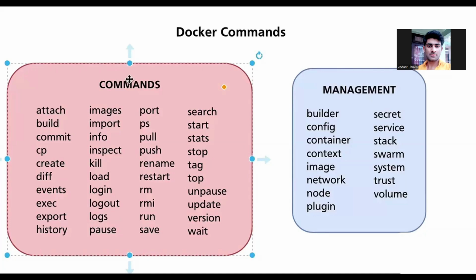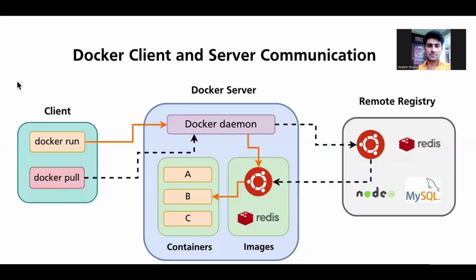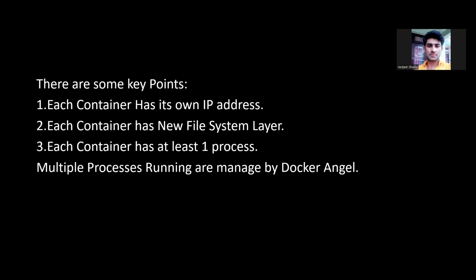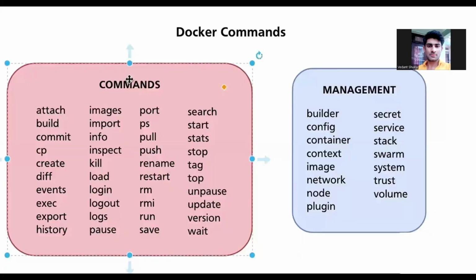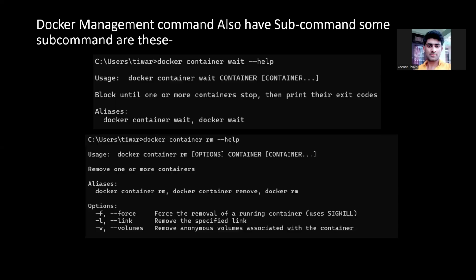Then you use Docker, the management command and dash dash help, and you can explore what the action is. So till here we complete the Docker client and communication part: how Docker communicates and where the Docker run request goes, and some key points about containers, like having its own IP address, new file system layers, at least one process, and how Docker commands are running. So let us move forward.